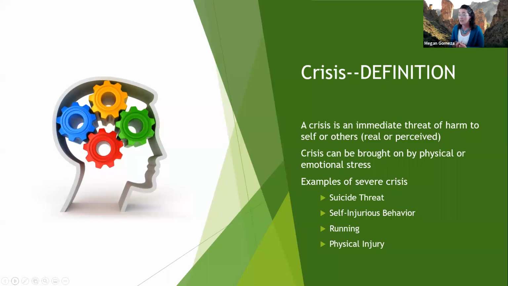So crisis, of course, can be brought on by physical or emotional stress. You were talking about heightened emotions. It can also be brought on by medication interactions. It can also be brought on by injury. Crisis can be brought on by all types of stress.